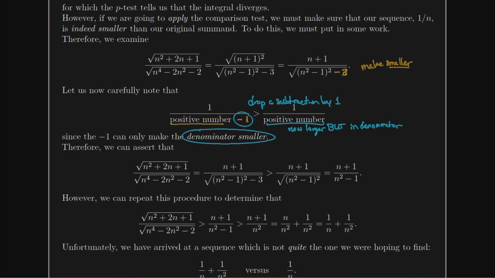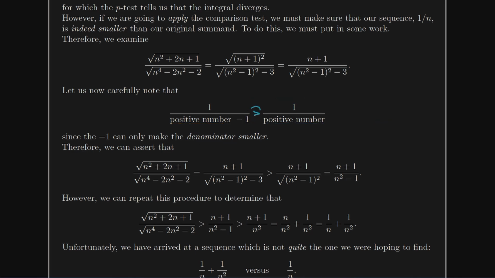Something larger in the denominator overall is smaller. And so by dropping minuses from a denominator, we get smaller. Which means I can go ahead and drop that -3, and all the price I have to pay for dropping a -3 is getting smaller. So you get smaller by dropping -3.